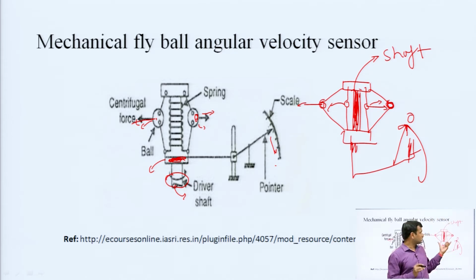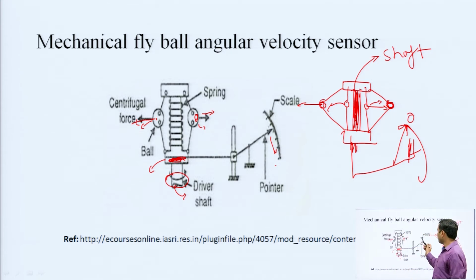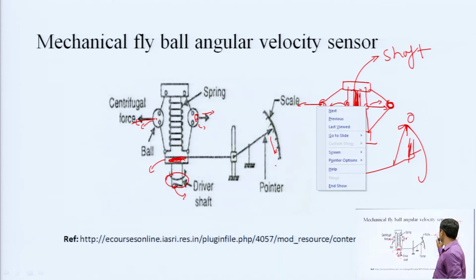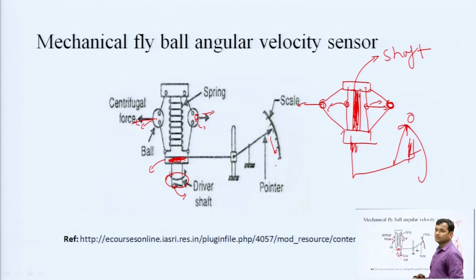So, the rotation speed of the shaft will be proportional to the movement of this pointer. When the shaft is in this position and the balls are in this position, there is no motion in the shaft, and the pointer is on 0.